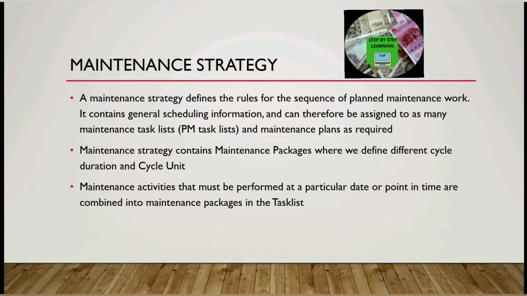Tightening the bolts I will assign to 1 week, and changing the filter I will assign to 3 months. So the maintenance strategy contains only the cycle duration and the units. Through these packages the task list operations can be linked and assigned.